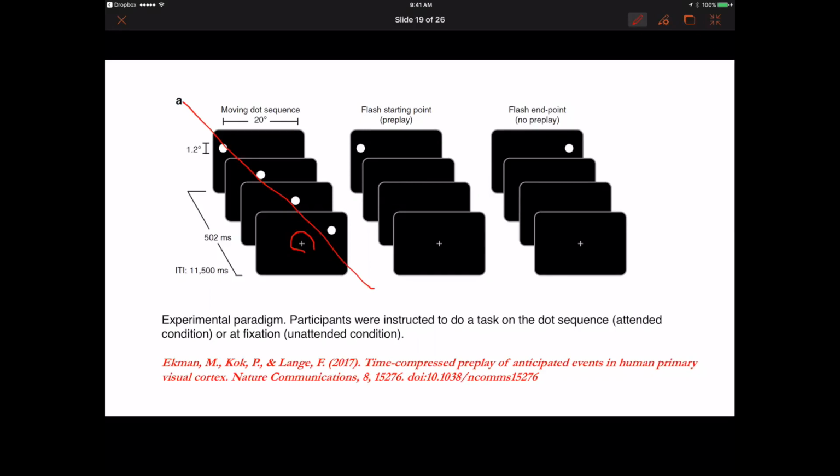Now, in the control experiment or preplay, only the first dot is flashed. And in the no preplay control condition, only the last dot is flashed, the end dot. So the prediction then is, the system learns that there is a left to right sequence of dots. The brain has now learned to anticipate when this dot is played, it expects these other dots to occur as well.